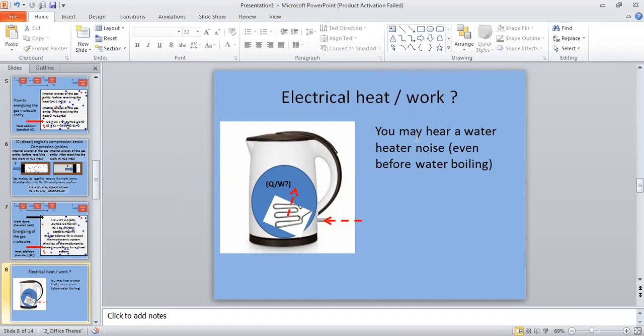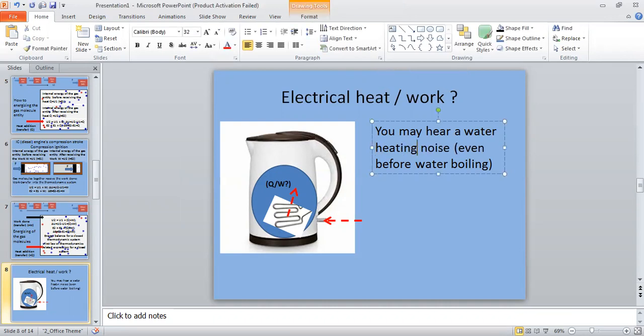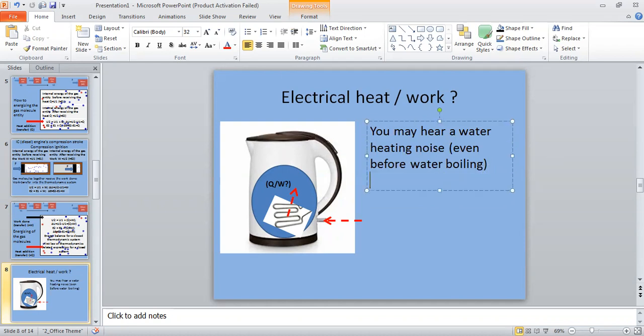You may hear a water heating noise even before the water boils. Can you hear it when you switch on the jug kettle? Maybe after a minute, you can hear a noise. What is this noise? Actually, molecules are moving a little more violently, more agitated.